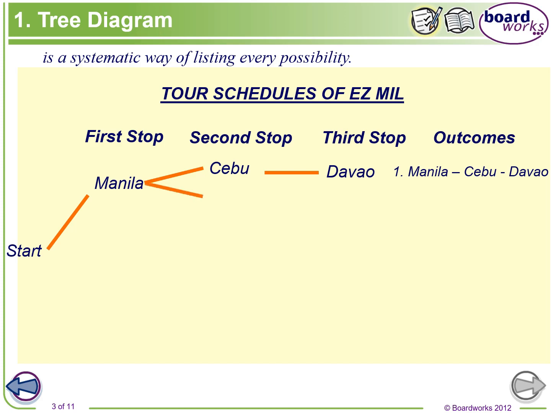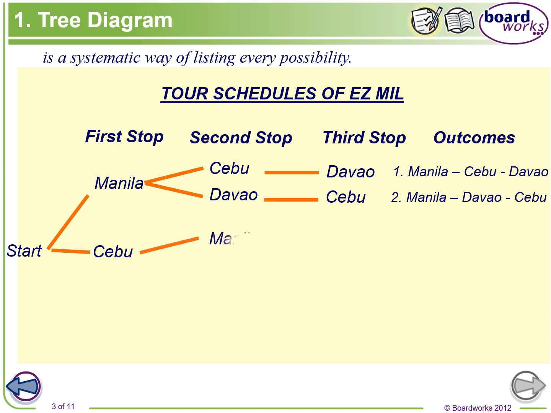Or the first stop is in Manila, the second stop is in Davao, and the third stop is in Cebu. So the second tour schedule would be Manila, Davao, Cebu. Or the first stop could be Cebu City, the second stop is Manila, and the third stop is Davao City. So the third outcome will be Cebu, Manila, Davao.